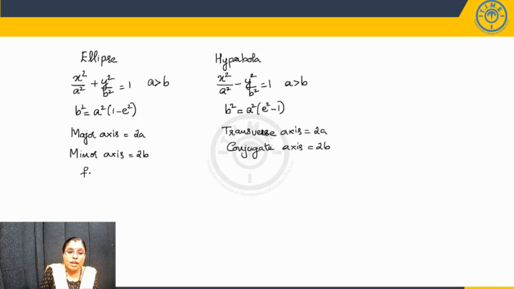Now foci in both cases is plus or minus ae, 0. Length of latus rectum is 2b square by a in both cases.